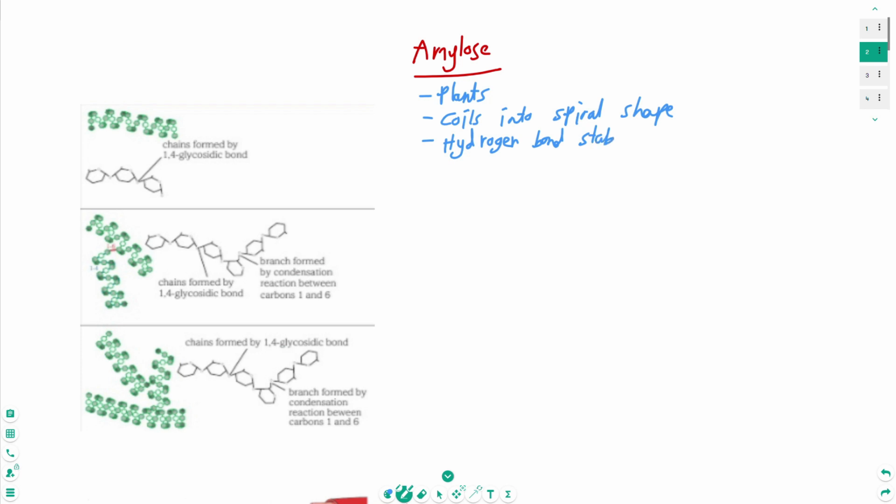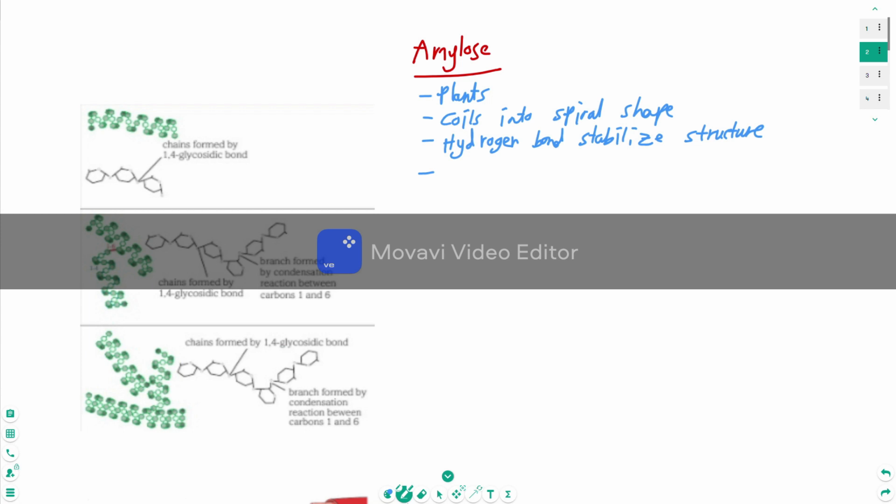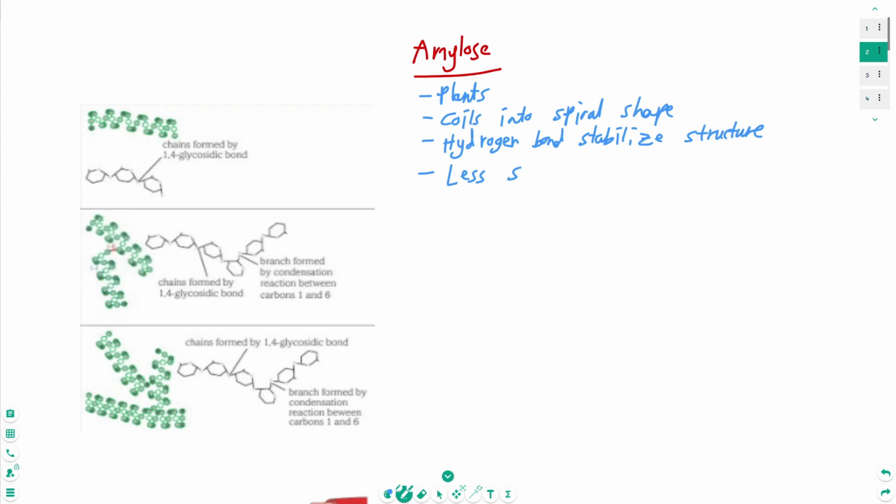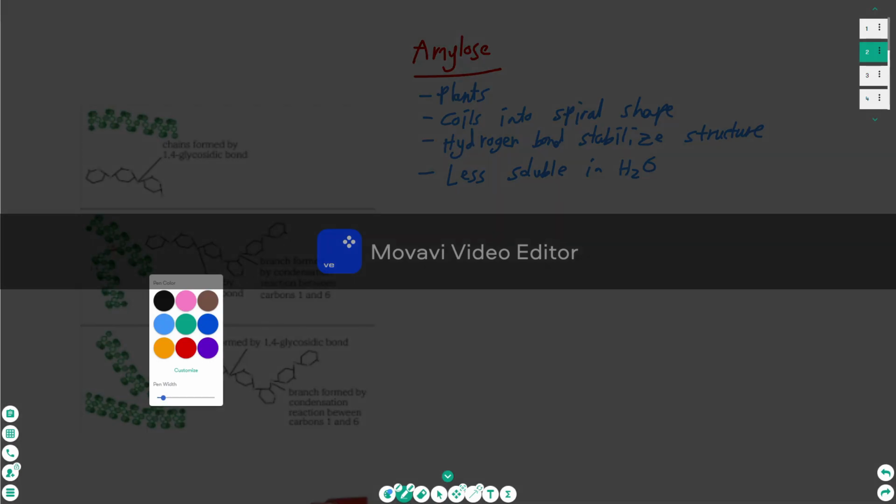Stabilize is a better word: hydrogen bonds stabilize the spiral shape structure. Because of these hydrogen bonds stabilizing the structure, amylose is less soluble in water. So that's amylose, and it has 1,4 glycosidic bonds, as you can see here.